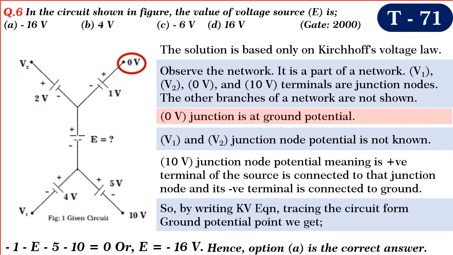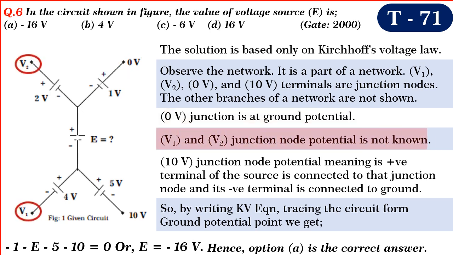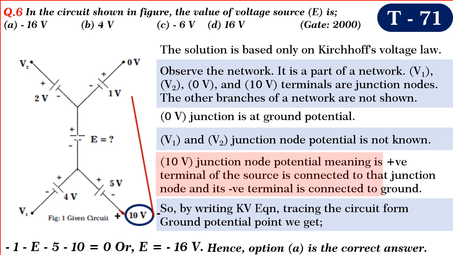0 volt junction is at ground potential. Note that V1, V2 junction nodes potentials are not known. Understand that positive terminal of 10 volt source is connected to that junction and its negative terminal is connected to the ground potential.